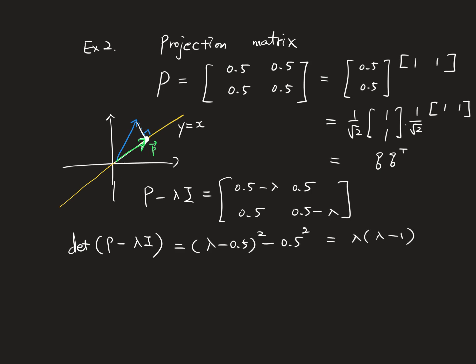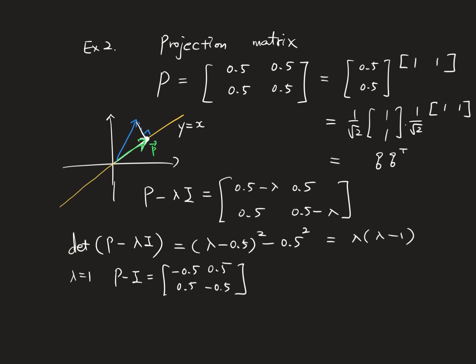As I said before, we have two eigenvalues: one is 0 and the other is 1. For lambda equal to 1, P minus I is minus 0.5, 0.5, 0.5, minus 0.5.